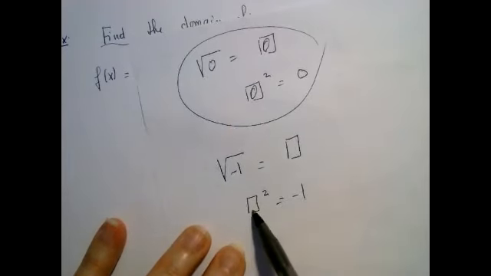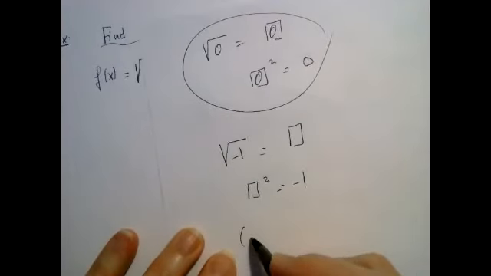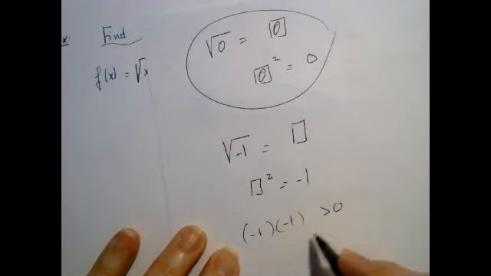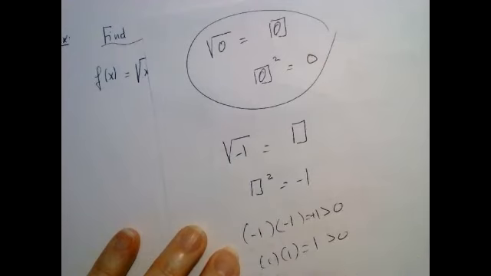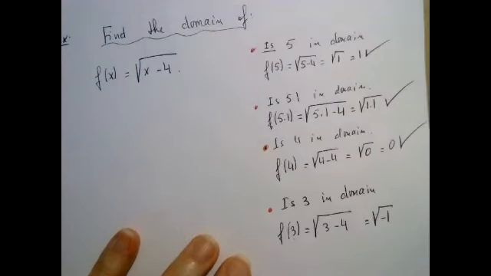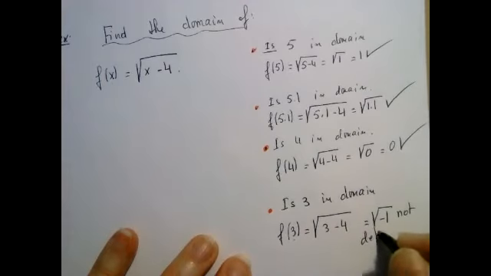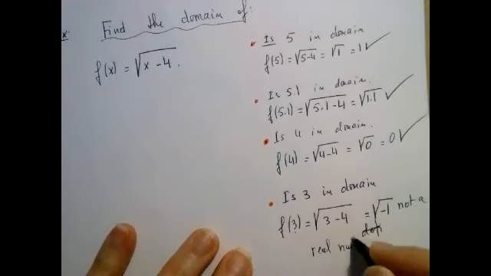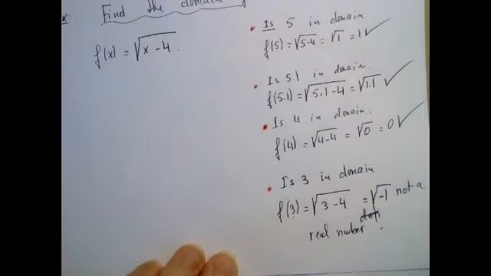But no number works, because every number, whether negative or positive, gives a positive number when squared. -1 times -1 is +1, and 1 times 1 is 1. So the square root of -1 is definitely not defined, not a real number. So 3 is not in the domain.